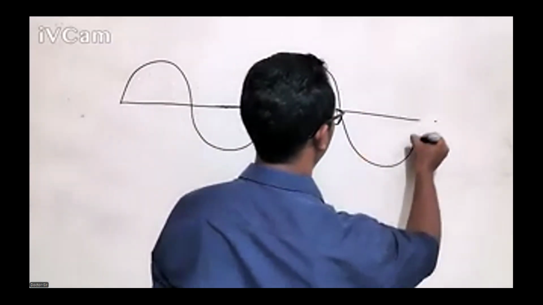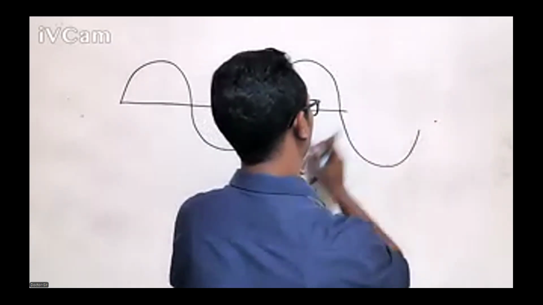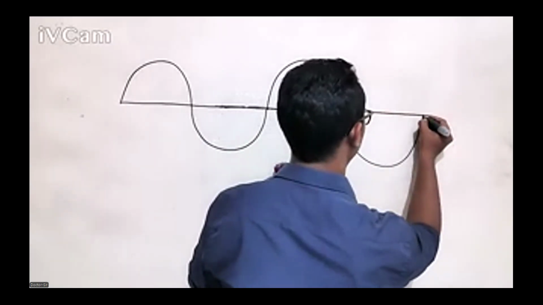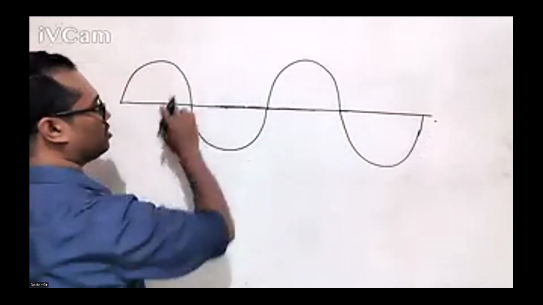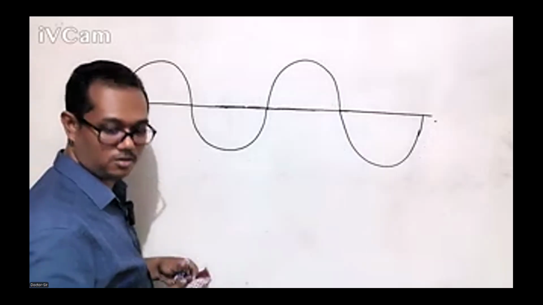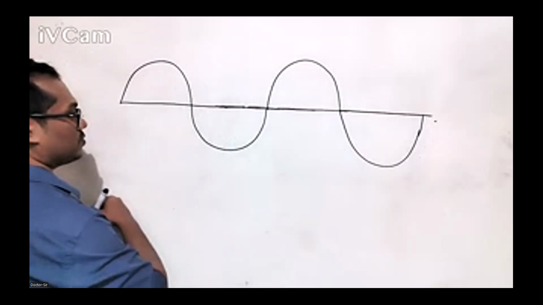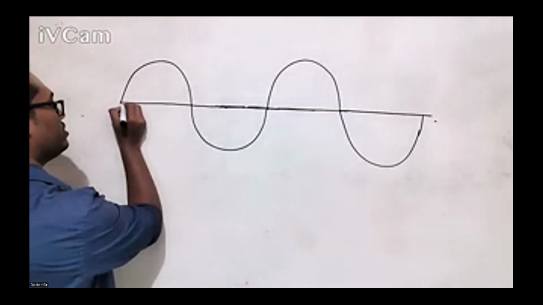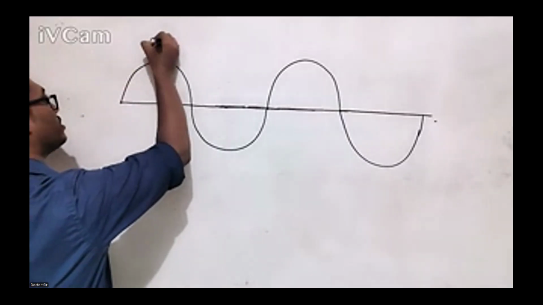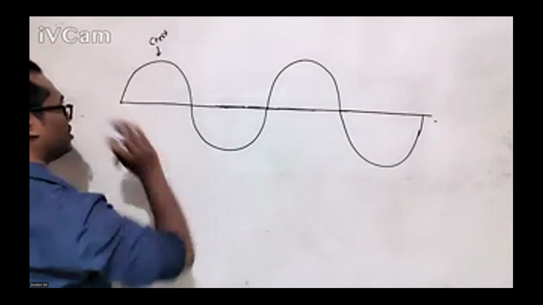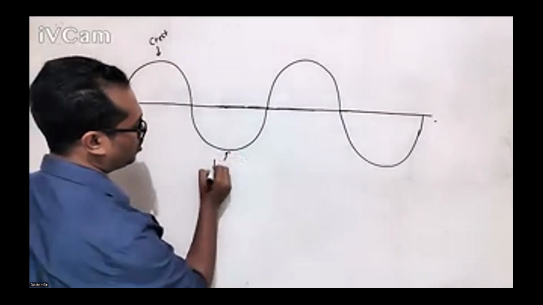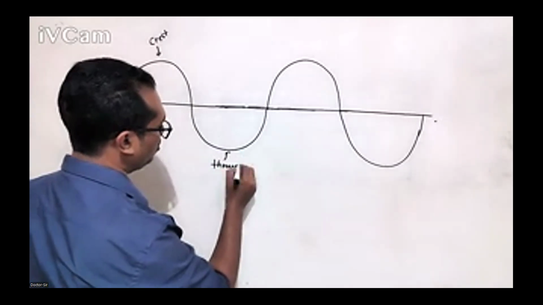Do you know what these are? What is the name we use in a transverse wave for these half circles going upward? Yes, this is a crest. And this is a trough.